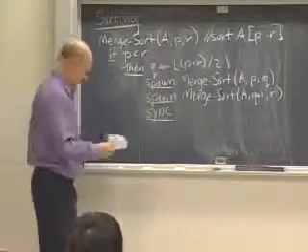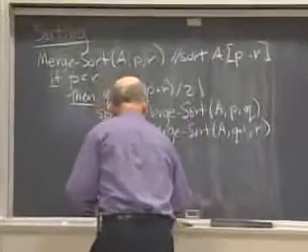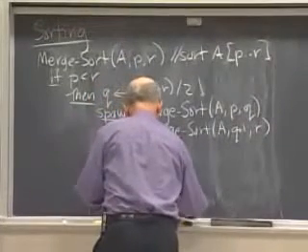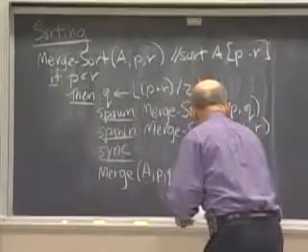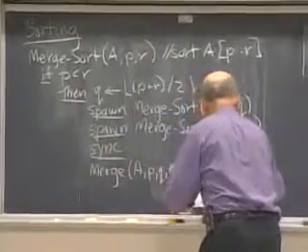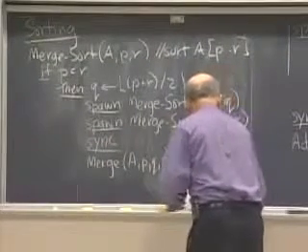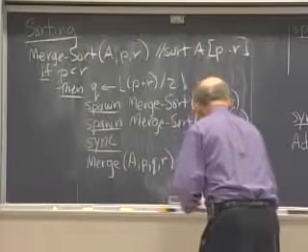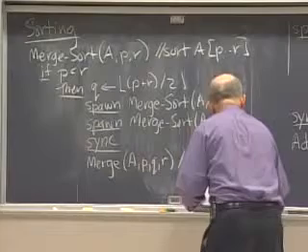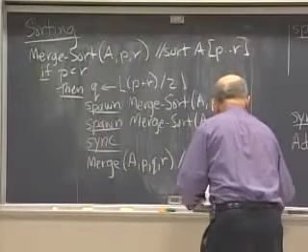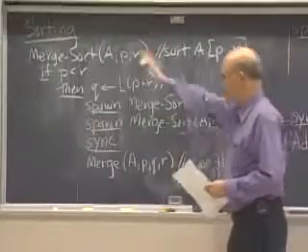We merge: merge A of P up to Q with A of Q plus 1 up to R. Once we've merged, we're done.